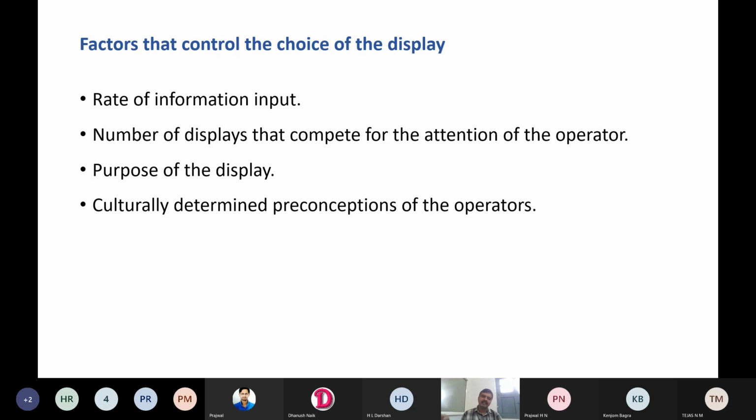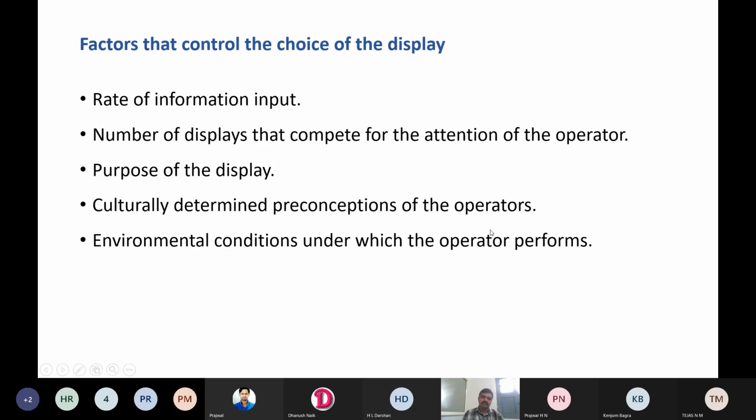These are the culturally determined preconceptions based on the society in which we live. We learn a lot from the environment or from the society, so that will decide. And again, the designer of the HMI should consider culturally determined preconceptions.